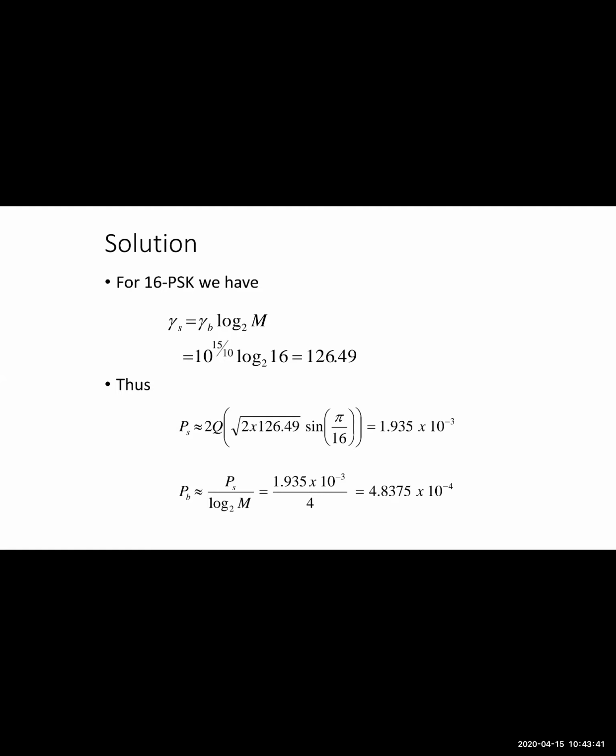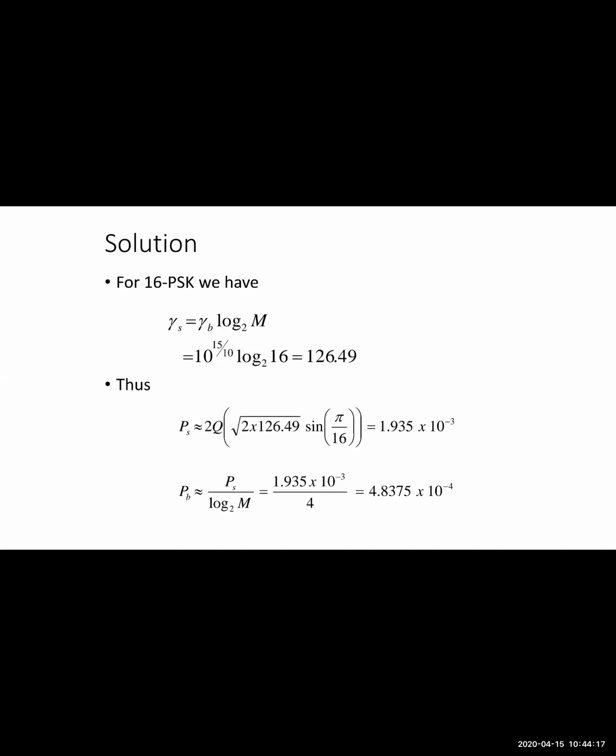That's the answer we are expecting, that the 16 PSK will have a higher error than the 8 PSK, because from the constellation diagram, for the 16 PSK we have more bits per symbol, and the points will be closely packed. The minimum distance will be small. Yes, you got it.